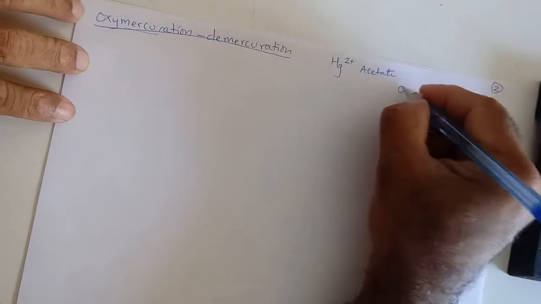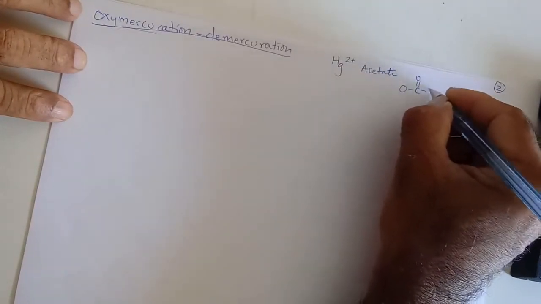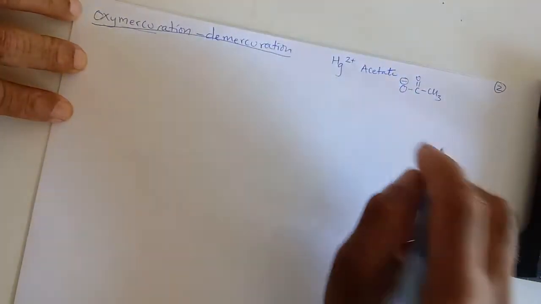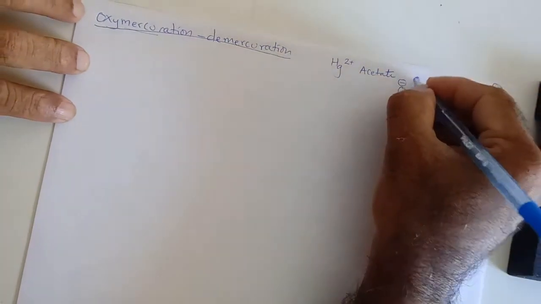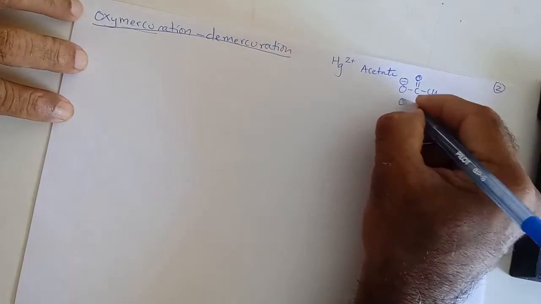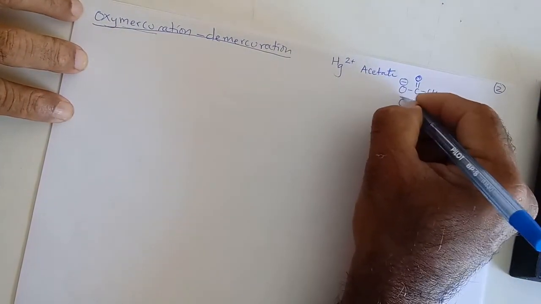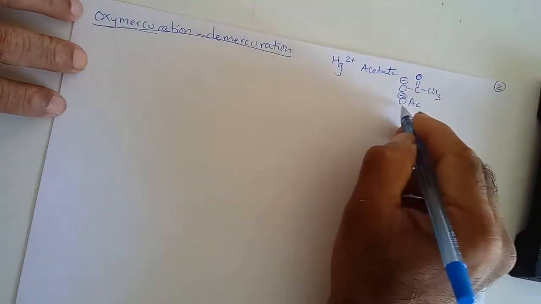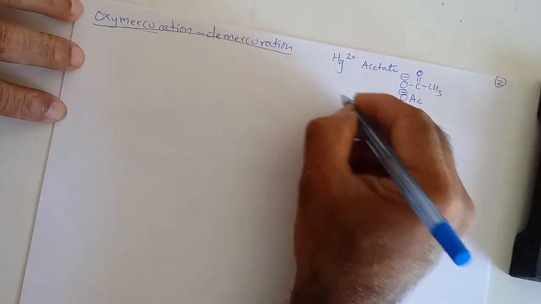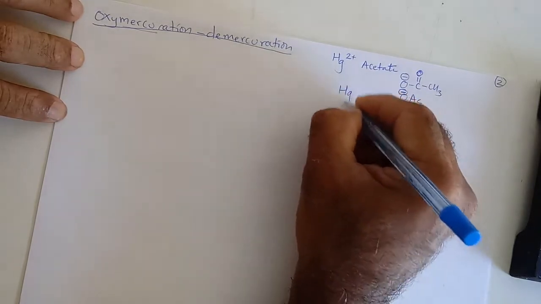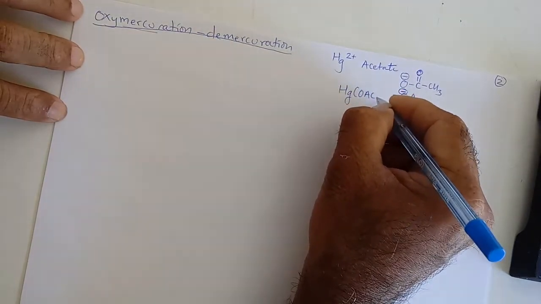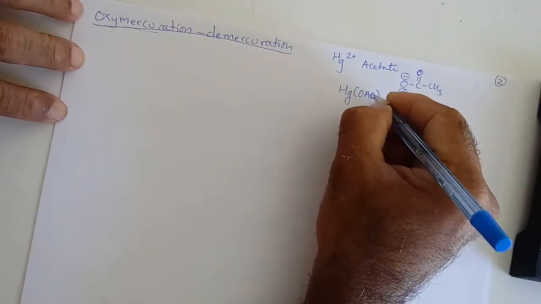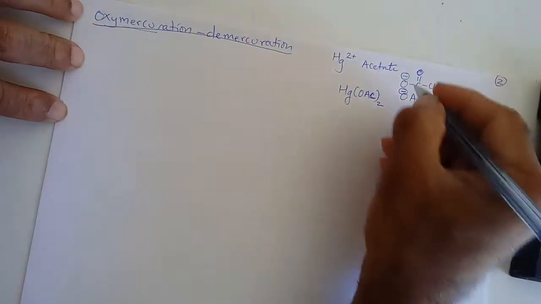Acetate is O C double bond O CH3 minus. Now for the sake of making it easier for us to communicate, I'm going to write OAc minus for acetate. Okay. So mercury acetate is Hg(OAc)2, because it's a 2 plus ion. All right.